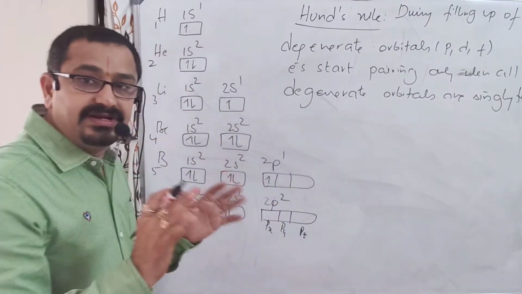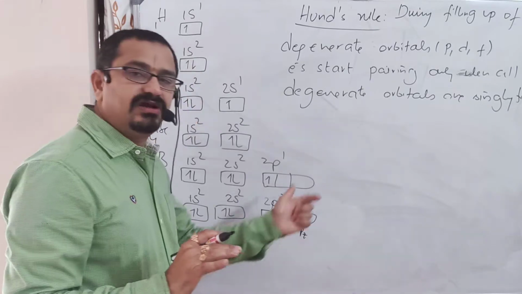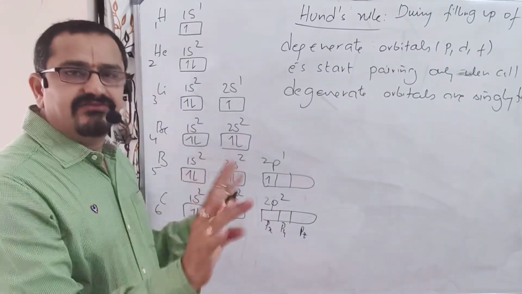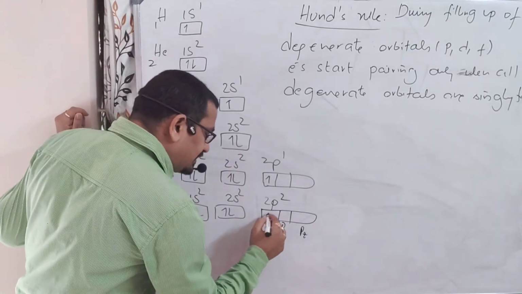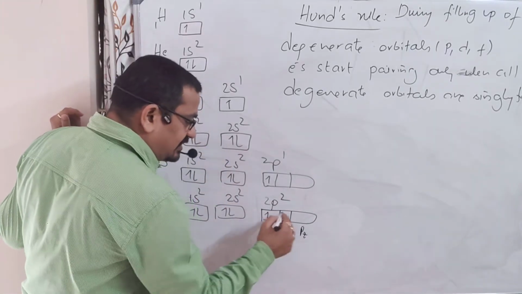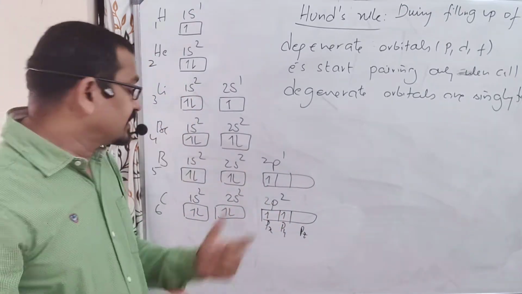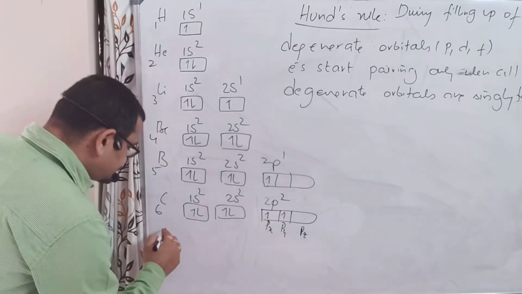Once again I am recapping that point: there is no such convention that px should be filled first or pz should be filled first. 3 orbitals will be filled in a sequence, that's it. So 2p2 means first this electron will be filled, next this electron, another orbital will be filled with a single electron instead of getting paired.